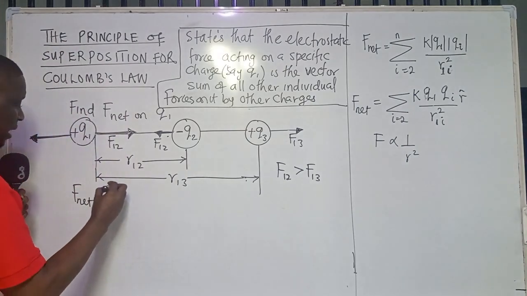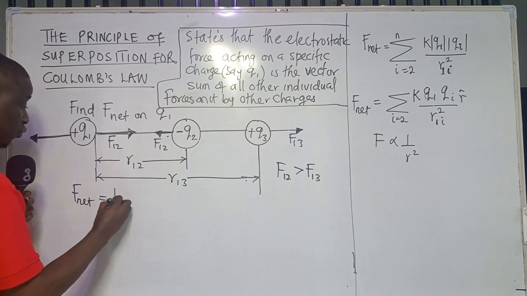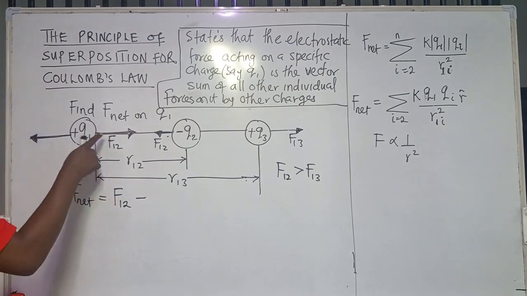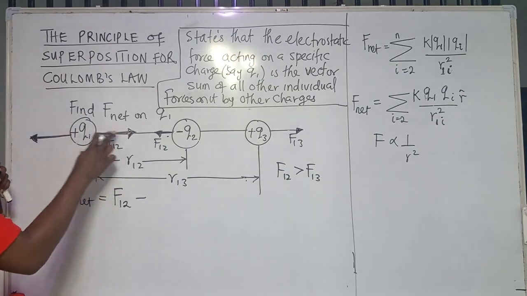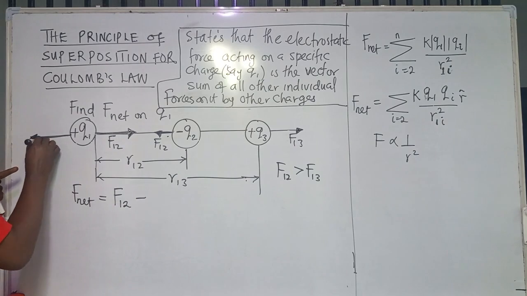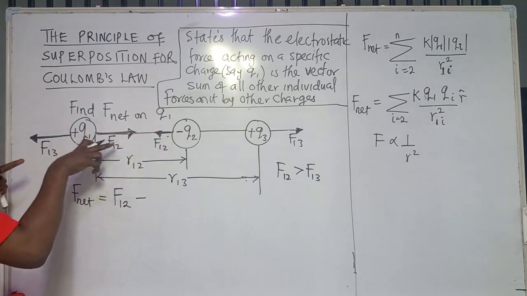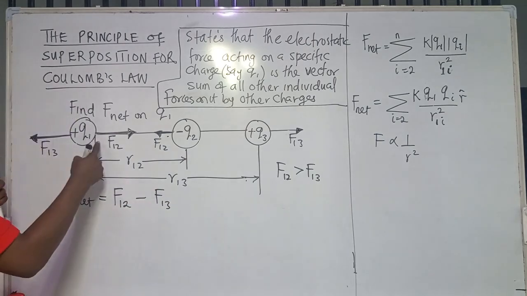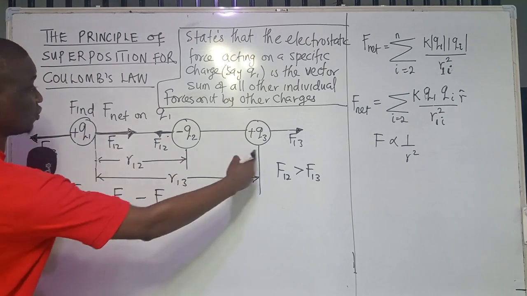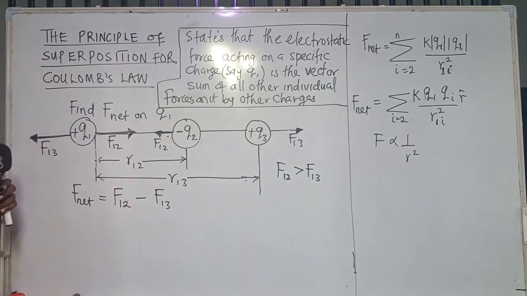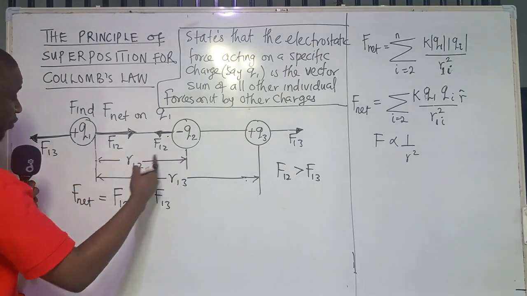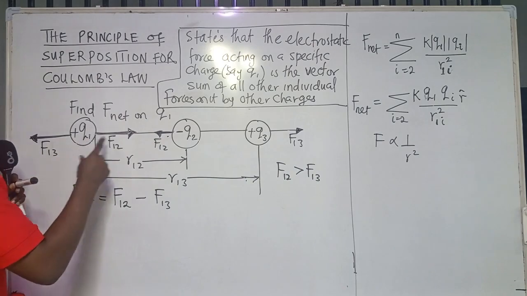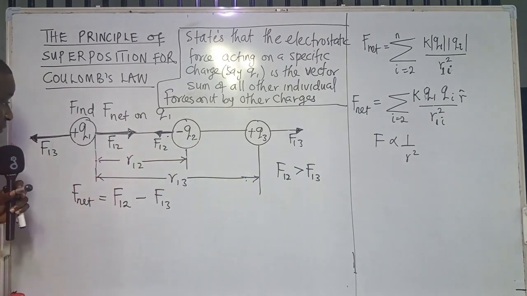Now F12 is greater than F13. So F12 minus F13, because the bigger force minus the smaller force. Why are we subtracting the vectors? They are moving in opposite direction. This one has smaller distance compared to this one which has bigger distance. So the one with smaller distance has the higher force. The one with bigger distance of separation between Q1 and itself has lesser force.